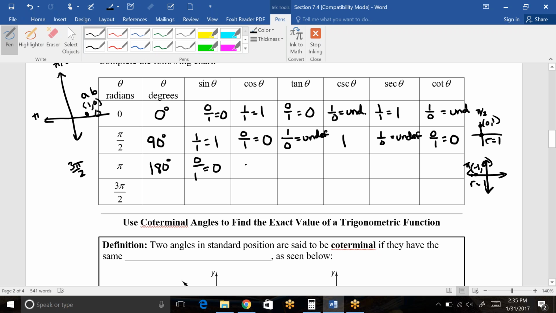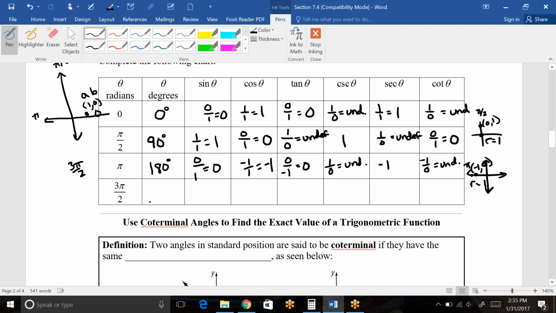The cosine is x over r, so that's negative 1 over 1, which is negative 1. Y over x would be 0 over negative 1, which would still be 0. Cosecant is going to be the flip of sine, so that would be 1 over 0, which is undefined. Negative 1 over negative 1 flipped would still be negative 1, and negative 1 over 0 would be undefined.